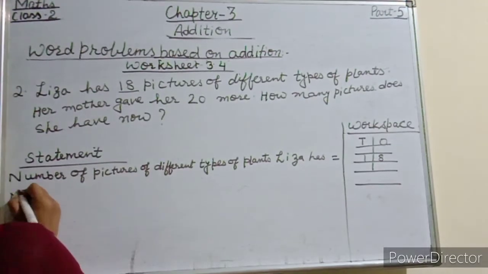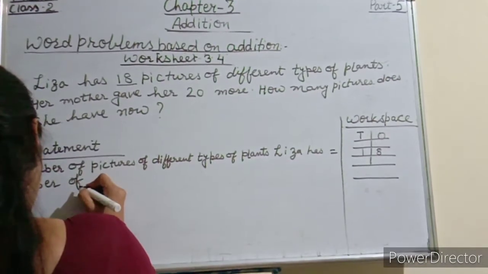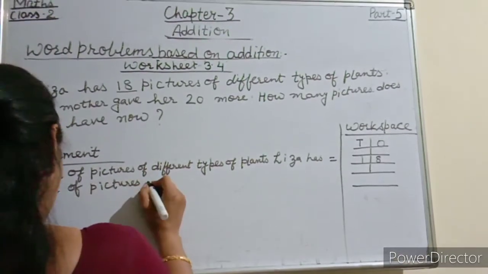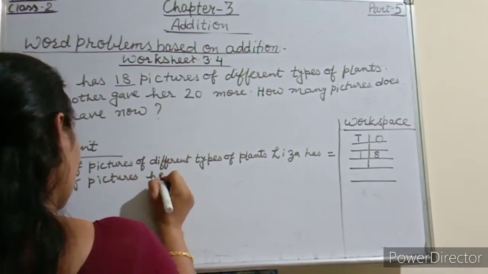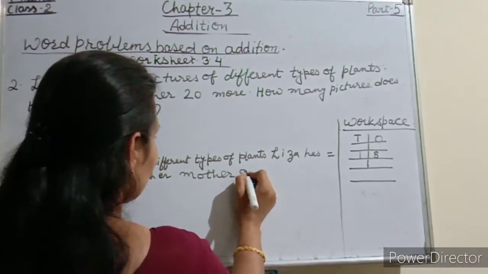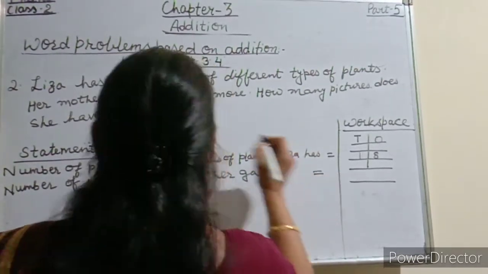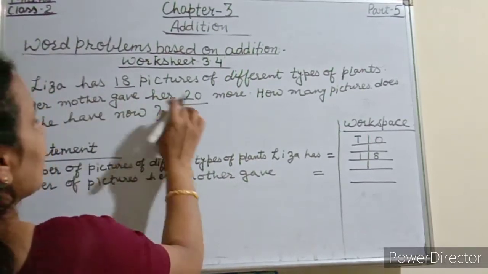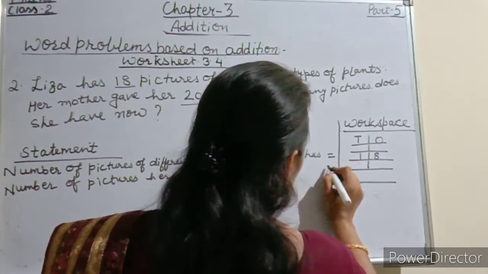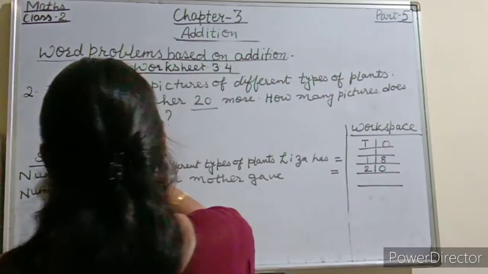See, number of pictures her mother gave is equals to, her mother gave her 20 more. So here we will write 20.